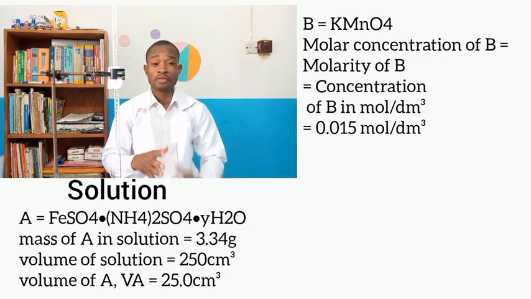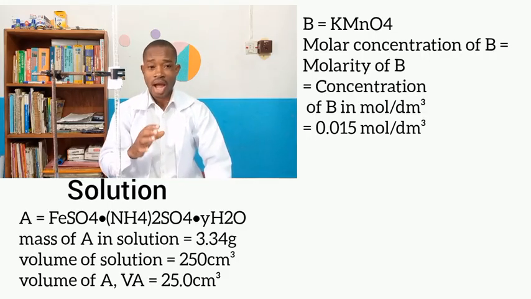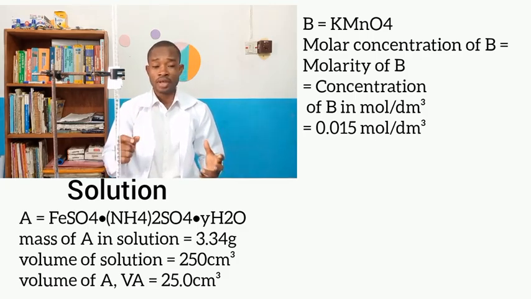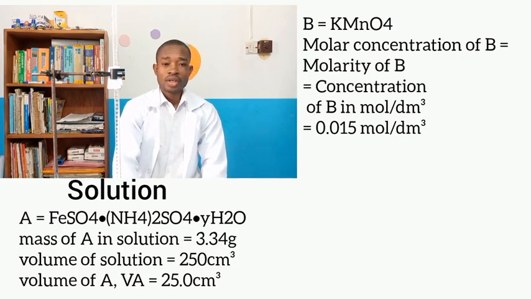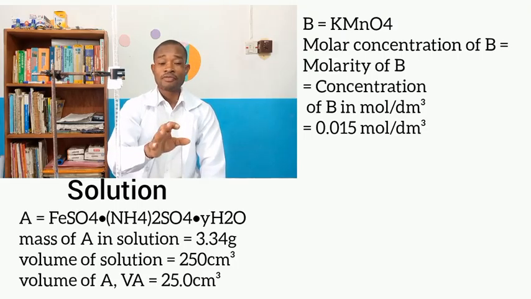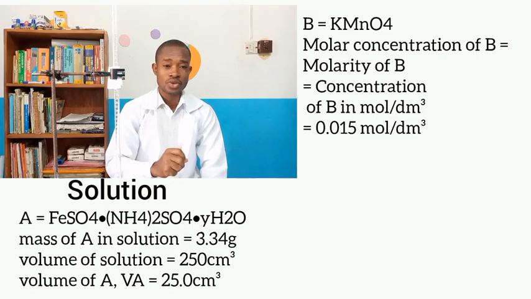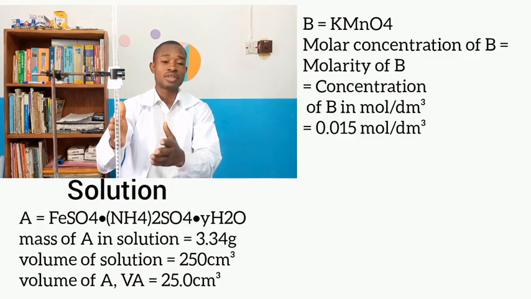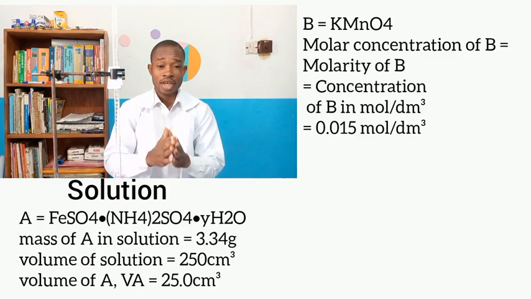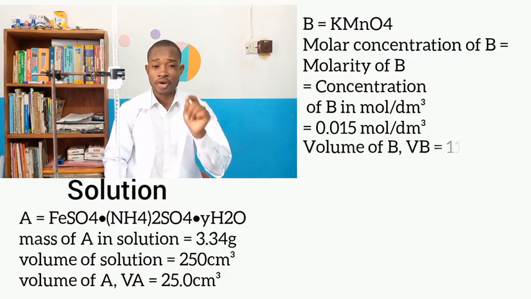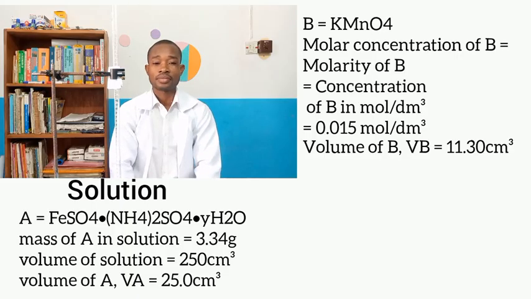This molar concentration of B is also the same as the molarity of B, or concentration of B in mol per dm cube. Then, of course, as obtained from the average volume of B used, that's the average volume of the titrant, the titer value, which is simply the volume of B, it is 11.30 cubic centimeter.